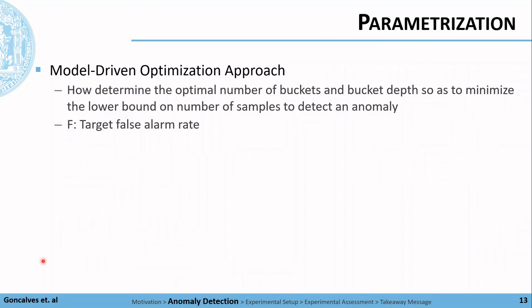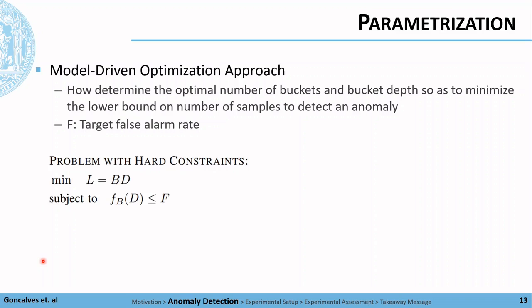Our work proposes a model-driven optimization approach, trying to answer the question of how to determine the optimal number of buckets and bucket depth so as to minimize the lower bound on the number of samples to detect an anomaly. We discuss an optimization method to parameterize the algorithm using an approach with hard constraints.